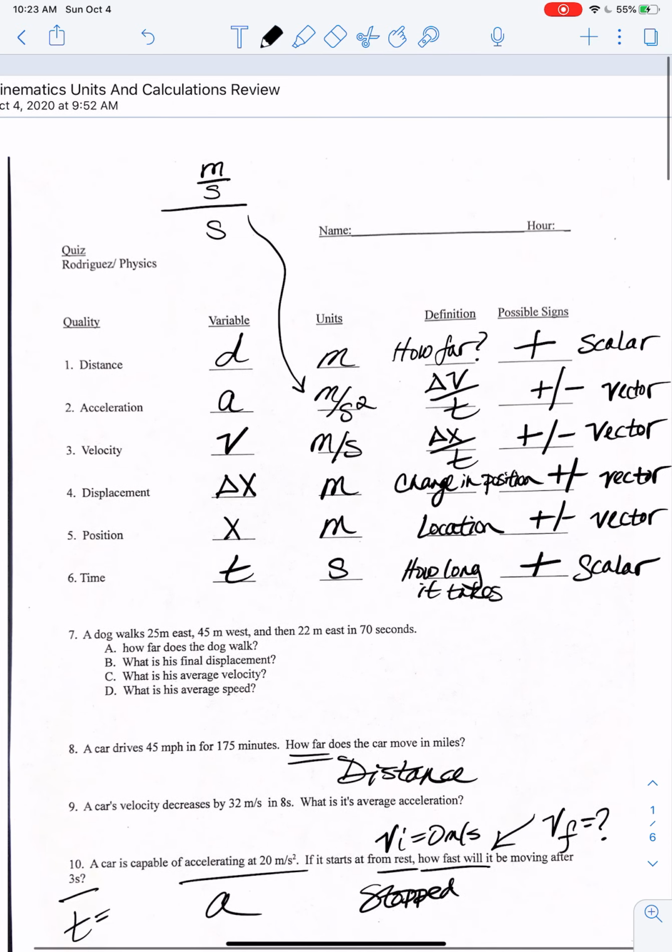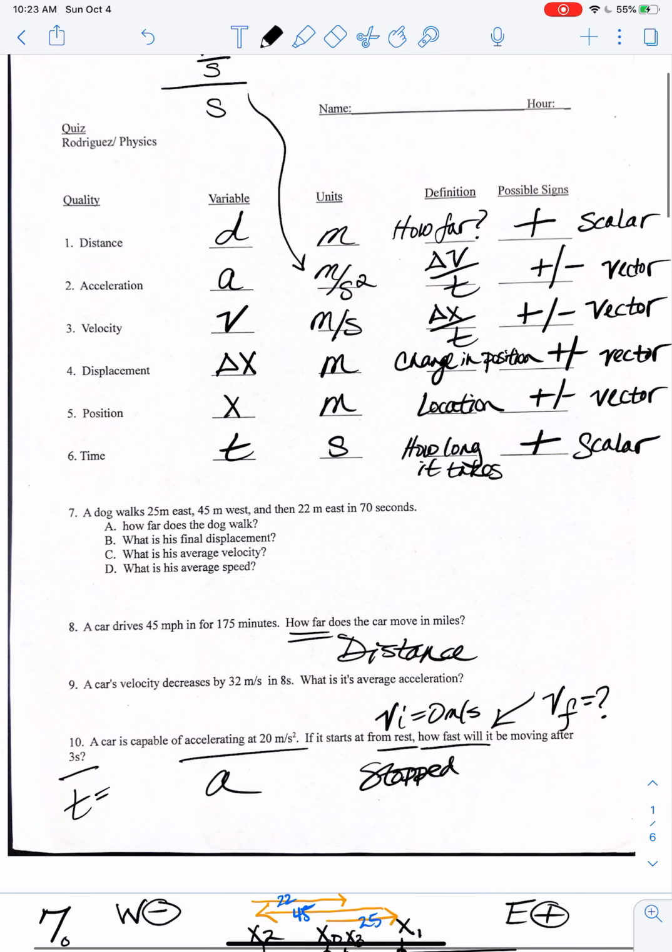So hopefully that helps, and the units are going to start making sense, and this new terminology is going to start making sense, because I know that that's a lot for students, like first of all understanding what all these variables mean, and then understanding what units go with them, and then having an idea of what formulas and what they mean.